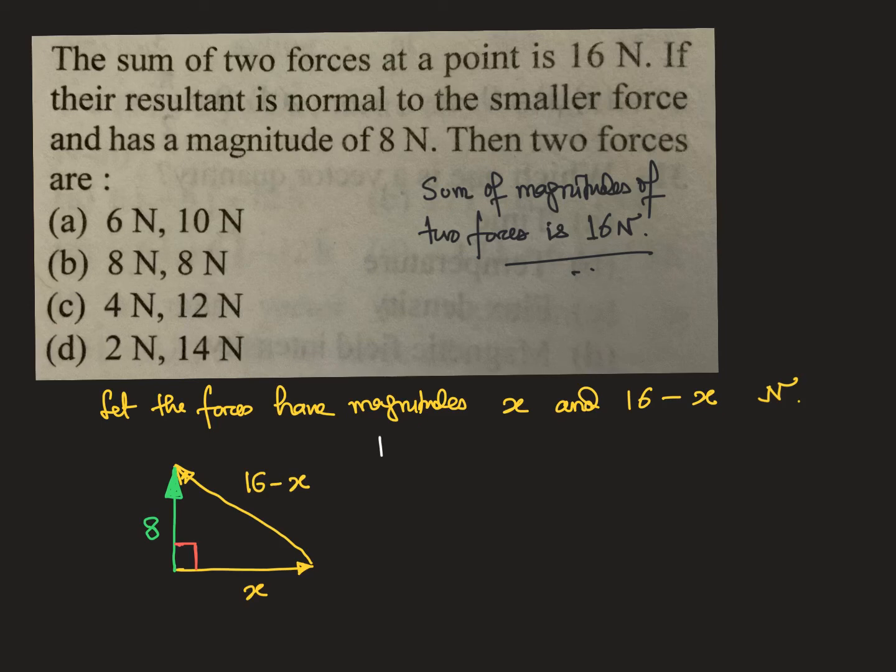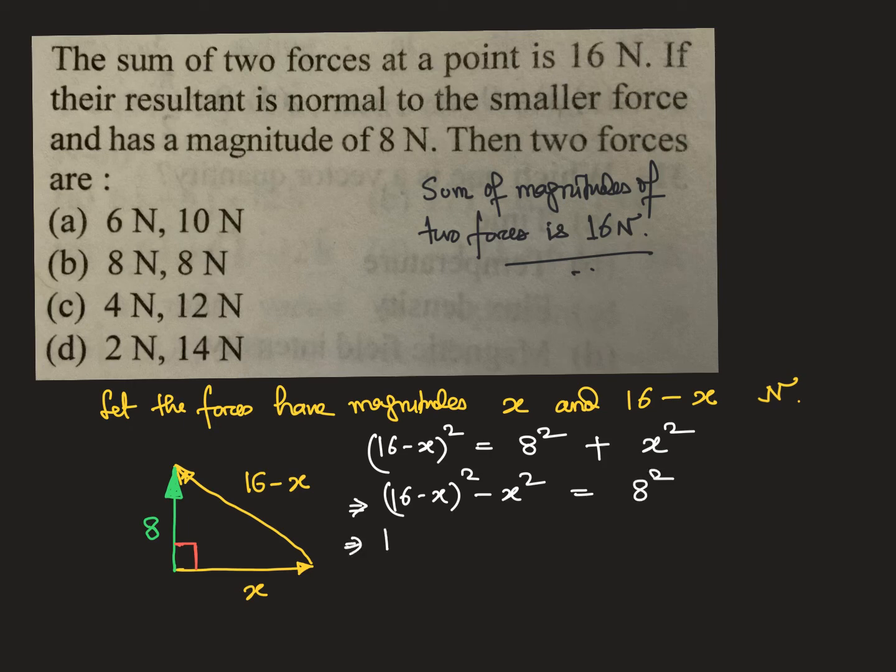So here obviously we know that (16 minus x) square is equal to 8 square plus x square. So therefore we can now write (16 minus x) square minus x square is equal to 8 square. That means it is (16 minus 2x) multiplied by 16 is equal to 64.